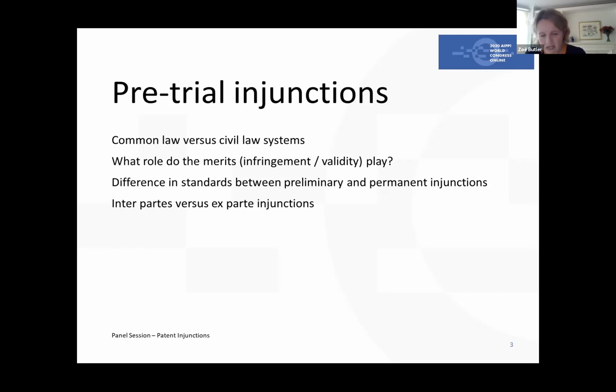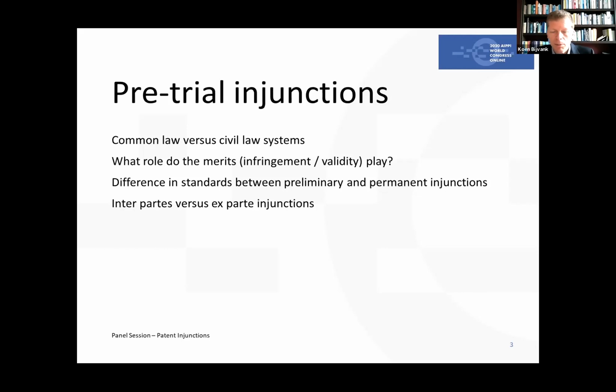But we had to put the other side on notice and return to the court in a very short time frame, a matter of 2 or 3 days. And then we were into effectively an inter partes preliminary injunction procedure. So it does happen. It's not that common, I would say, in patents, but there are examples.